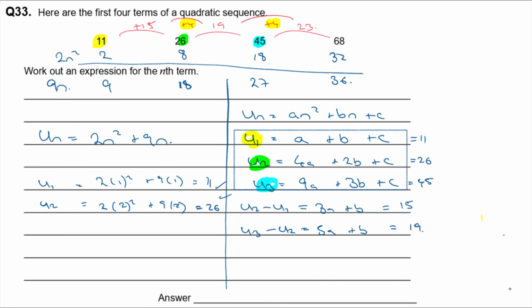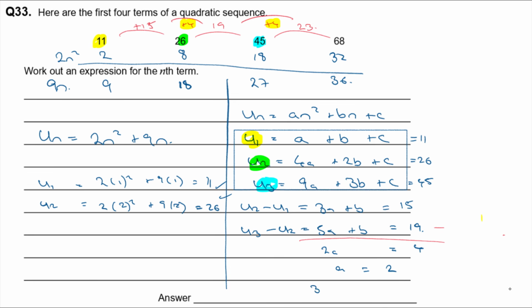So we can solve these 2 simultaneously just by subtracting one from the other. I'm going to subtract upwards because I've got the bigger one on the bottom. So 5a take away 3a is 2a, b take away b is zilch, and 19 take away 15 is 4. So I've got 2a is 4, so a must be 2. Subbing that back into our other equation, 3a plus b is 15.